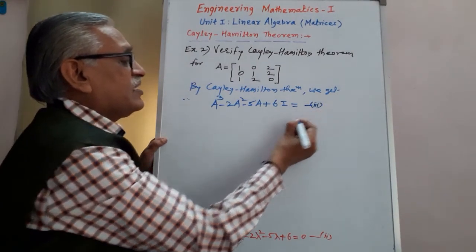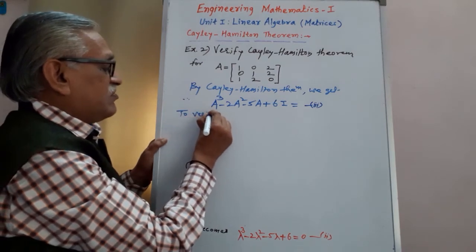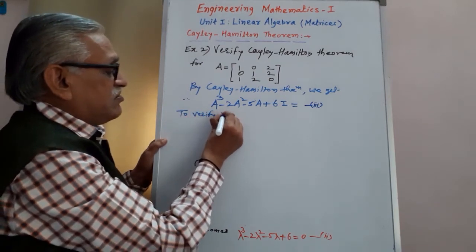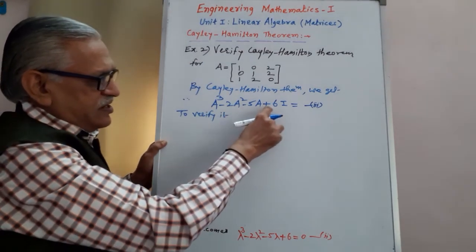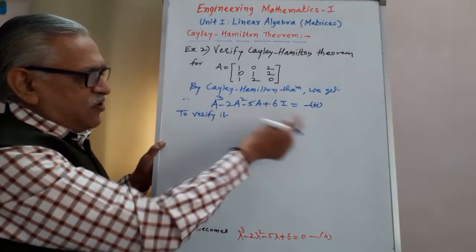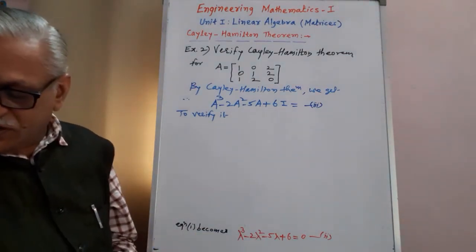And then we have to verify it. We require to find the matrix of A cube, the matrix of A square, and the sum of all these matrices as the null matrix or zero matrix.